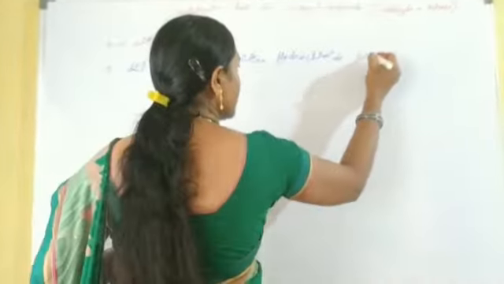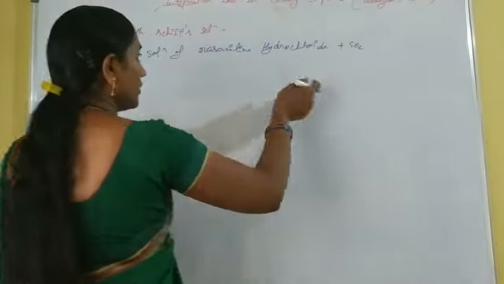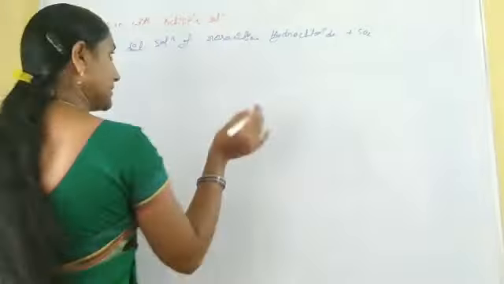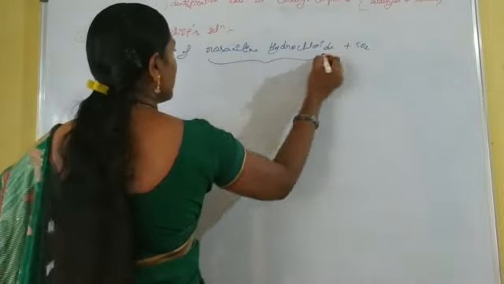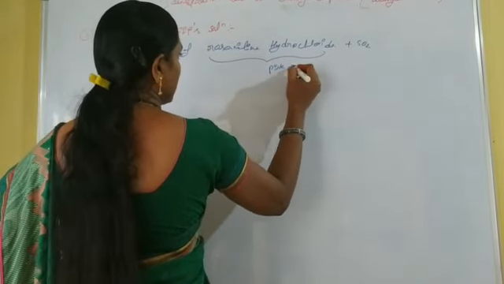SO2 is passed through rosaniline hydrochloride. In general, rosaniline hydrochloride has a pink color.